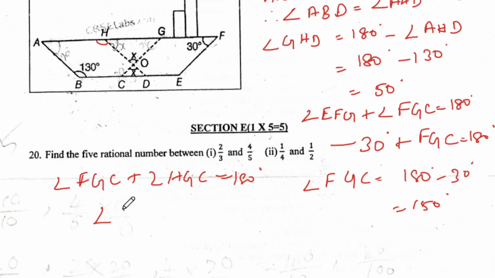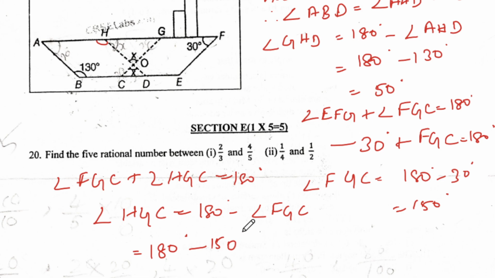So angle HGC equals 180 degrees minus angle FGC. So 180 minus 150. So we already have the answer 150 for FGC, which is equal to 30 degrees. So angle HGC is 30 degrees.